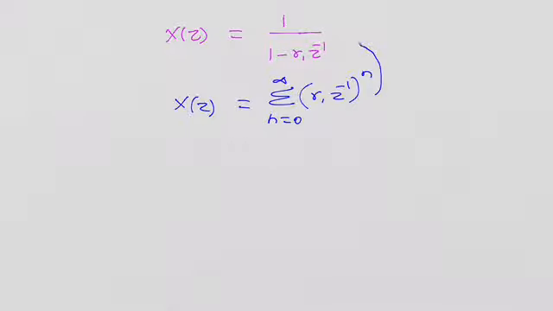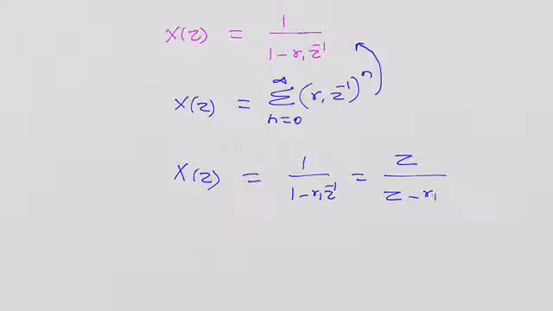So that's how it is written. You know that this x of z can even be rewritten as 1 divided by 1 minus r1 z power minus 1, which can be stated as z divided by z minus r1. Am I correct? Right.